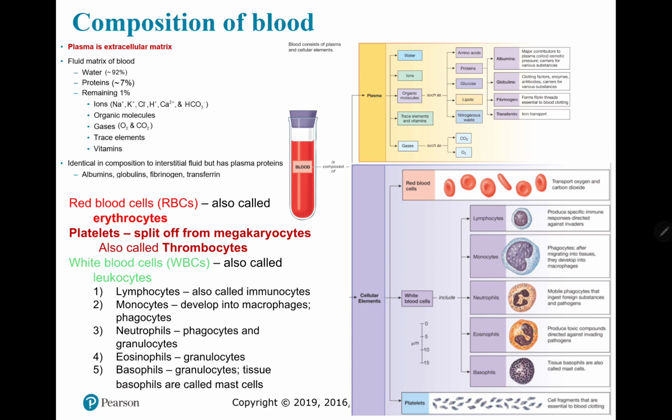When we're looking at blood, we know that blood is going to be made up of basically two components: the fluid, which is going to be like the matrix portion, and it's also going to be those formed elements.